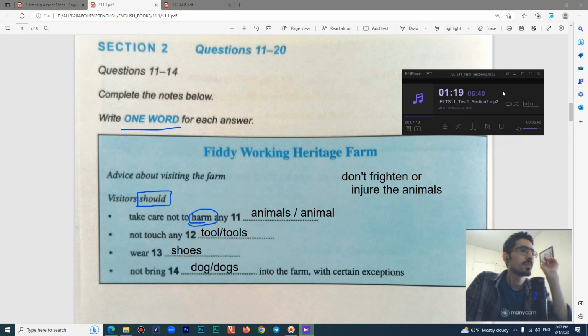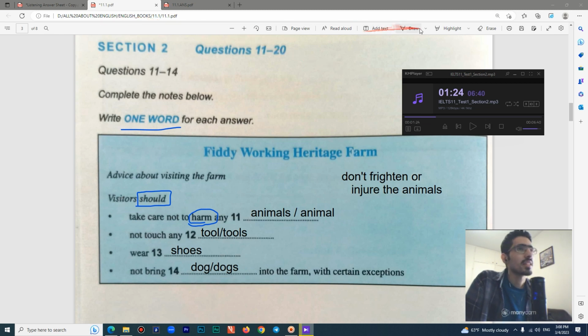We have a lot here, and many of them are breeds that are now quite rare. Many of them are breeds. Breeds means a special race, like a special type of the animal. Some of these animals are rare and we don't have more. If you kill them, if you injure them, we will never have any more of them because they are very rare species or very rare breeds.